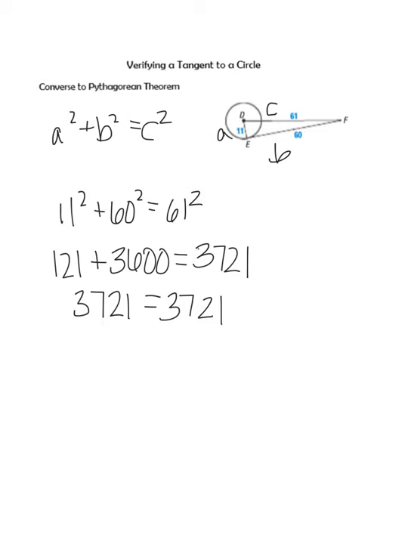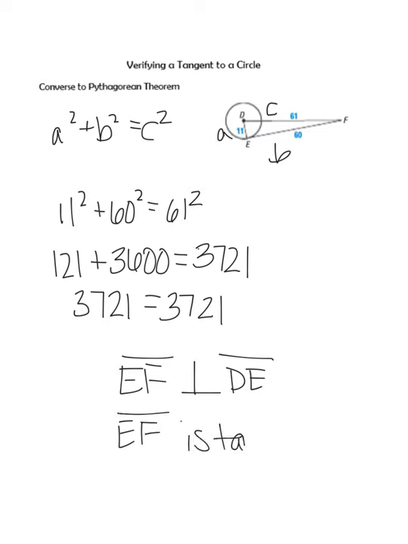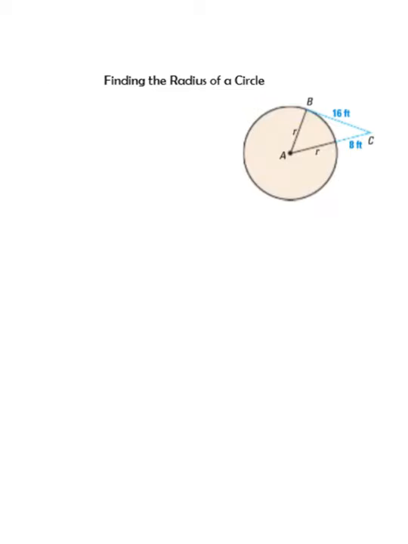So that's how we prove that line EF is perpendicular to DE. So we could also say that EF is tangent to circle D.